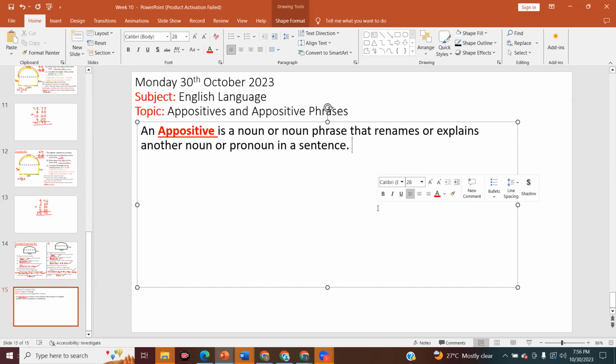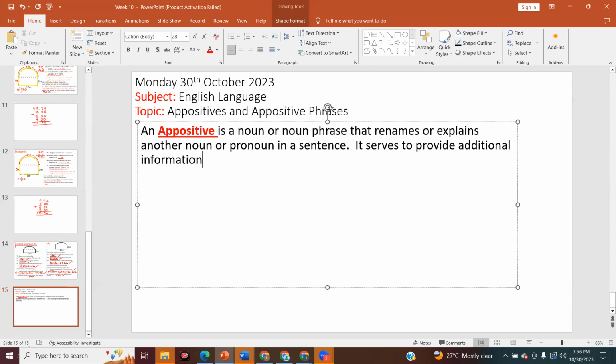Okay. Now, let's continue with the rest of its function. The appositive serves to provide additional information or clarification about the noun it refers to.